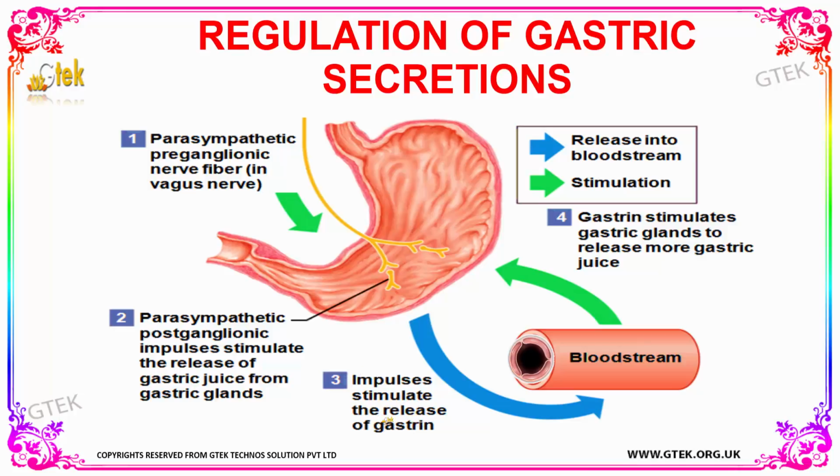The gastrin then stimulates the gastric glands to release more gastric juice, through the bloodstream. So this is how the gastric secretions occur.